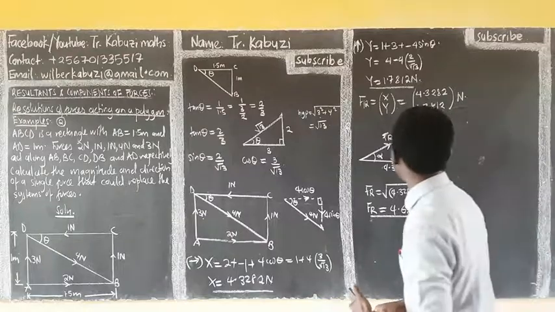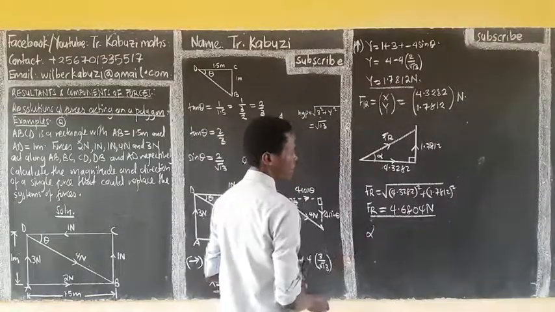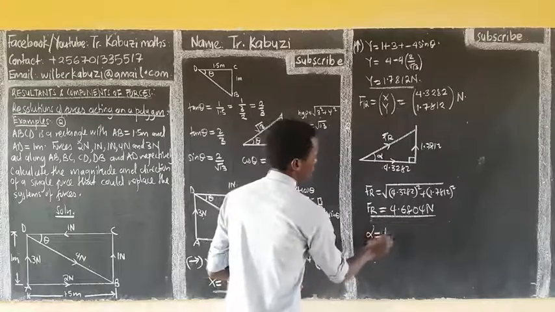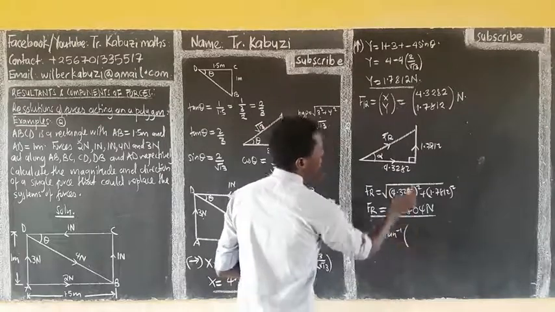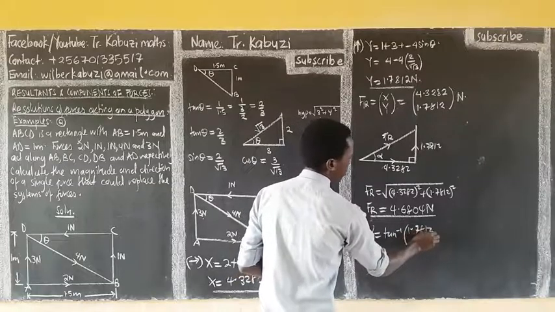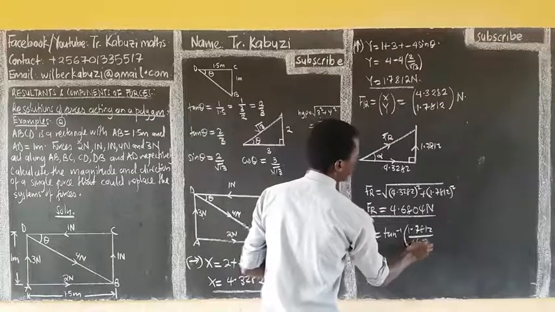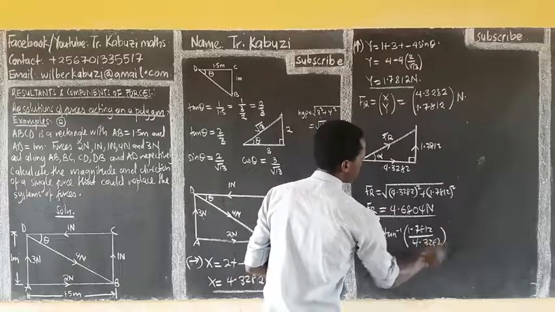Then the direction, let us call it alpha. The direction is going to be tan inverse of the opposite, 1.7812, over the adjacent, which is 4.3282.